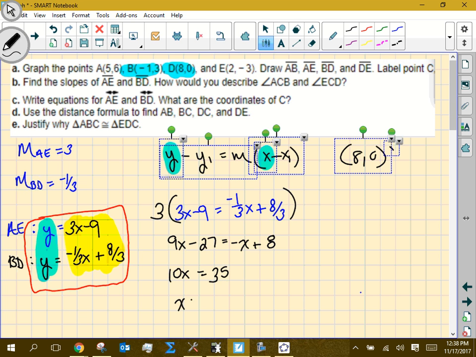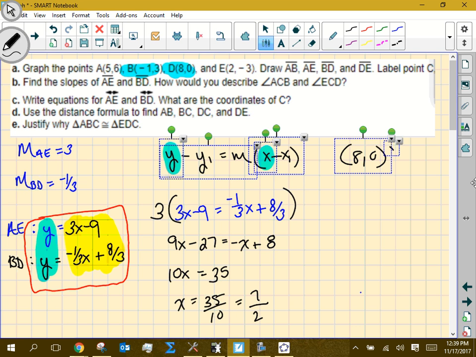And now divide by 10. So 35 over 10. Both those have 5 to go into them, so 5 goes in there 7 times, and goes in there 2 times. So x is 7/2. Now, I'm going to leave it as 7/2 because of what we might do later with that number. It's a lot better as 7/2 than it is as 3.5.